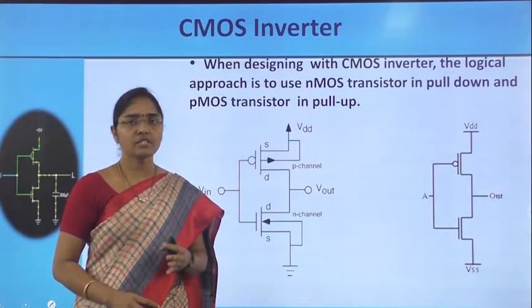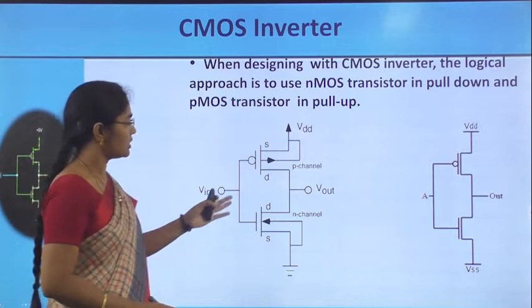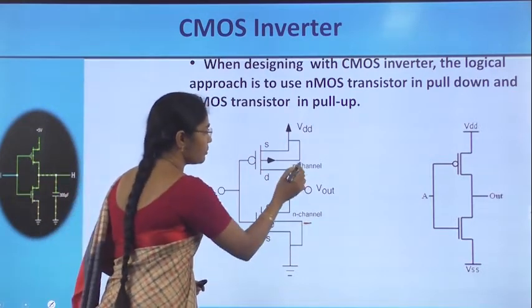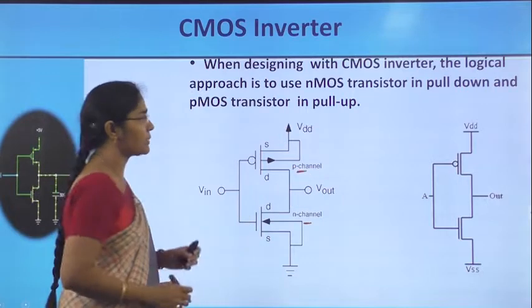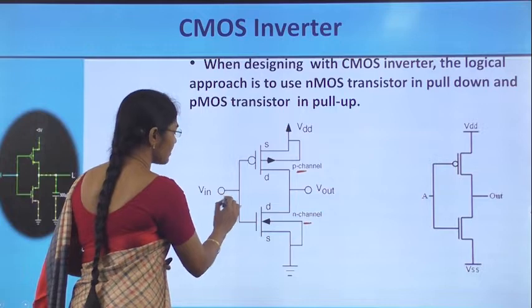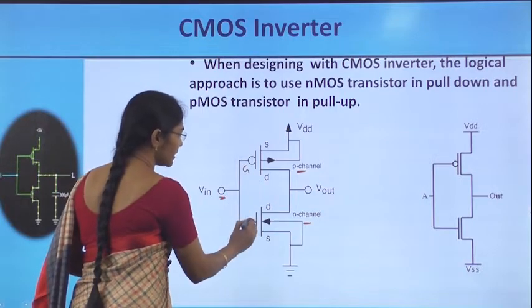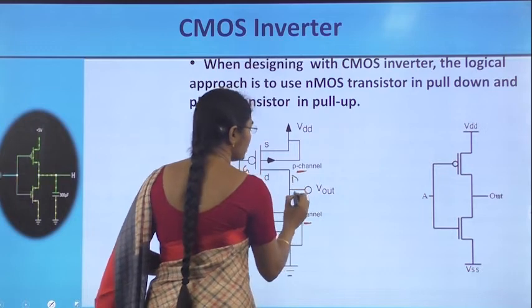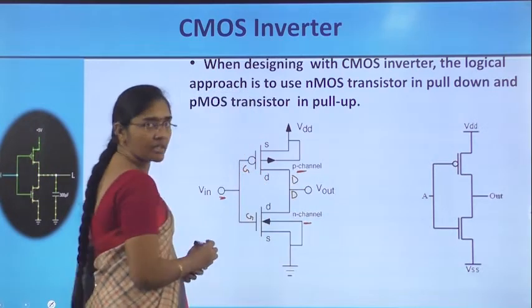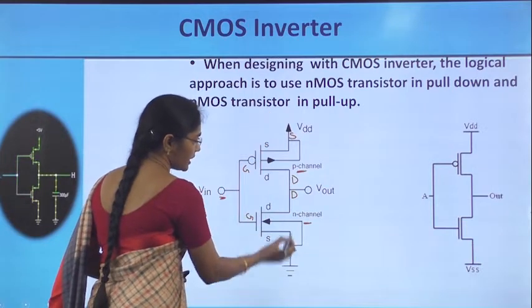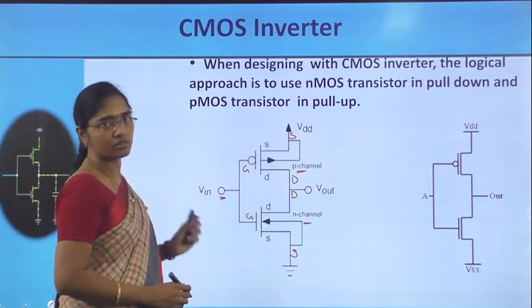The construction wise, the circuit looks like this. Pull down transistor is NMOS, pull up transistor is PMOS transistor, and at both gate terminals input is applied, and at both drain terminals Vout is taken, and PMOS source is connected to VDD, NMOS source is connected to the ground.